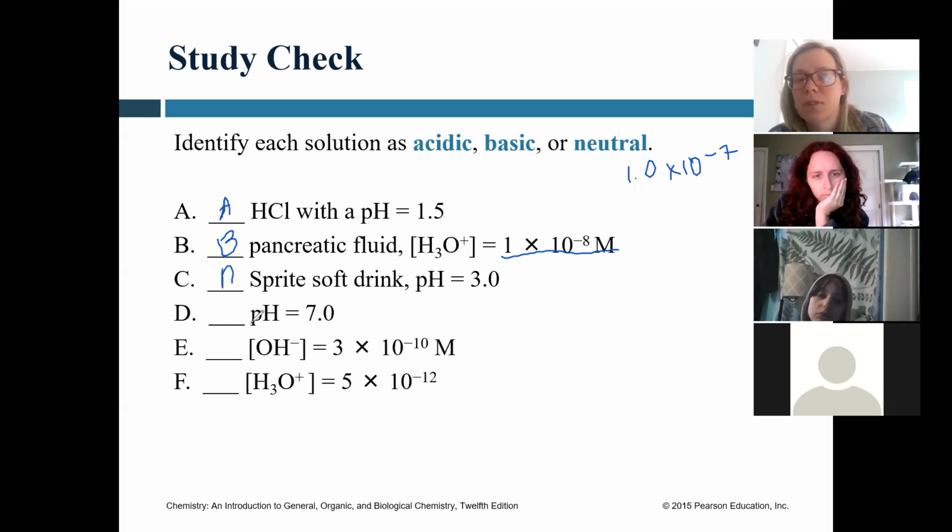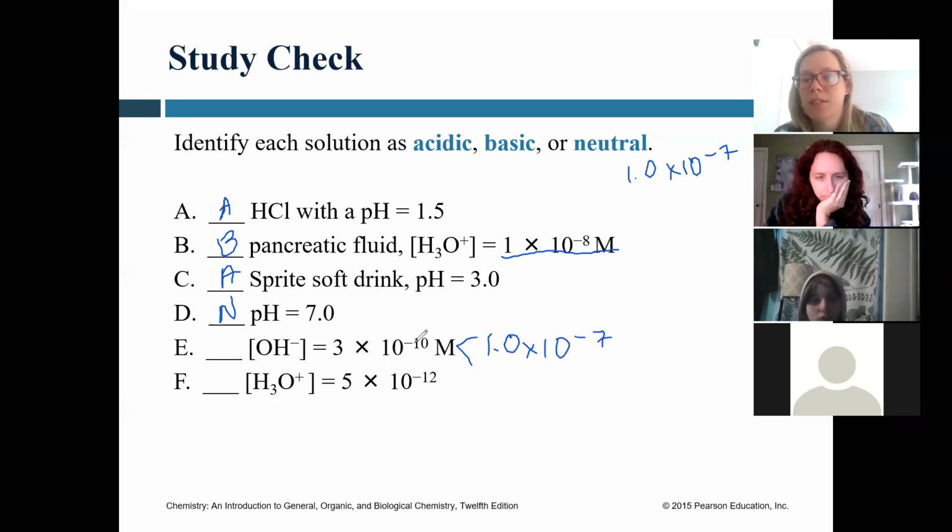Sprite, pH of 3, that's acidic. pH of 7, that is neutral. OH concentration of 3 times 10 to the negative 7. Is that greater than or less than your cutoff point? It's less than that middle cutoff point, right? 3 times 10 to the negative 7 is less than our 1.0 times 10 to the negative 7.